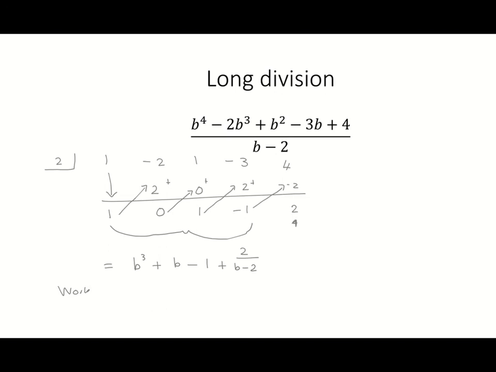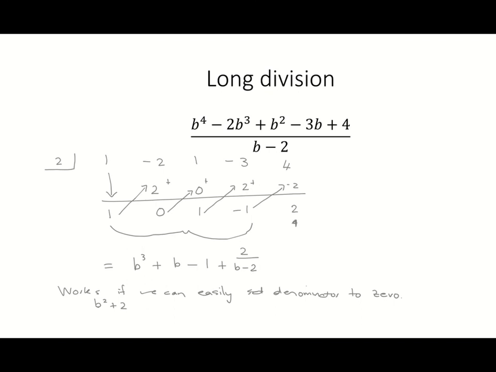only if we can readily make the bottom line 0. So it wouldn't work, for example, if we had b squared plus 2.